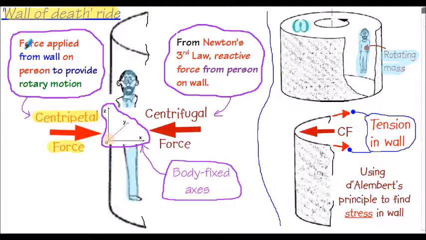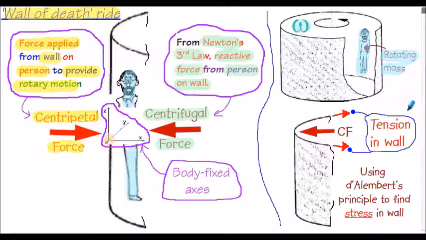So this is the force applied from the wall on the person to provide the rotary motion. And applying D'Alembert's principle, we have the inertial force equal and opposite centrifugal force, which can be considered from Newton's third law to be the reactive force from the person on the wall.